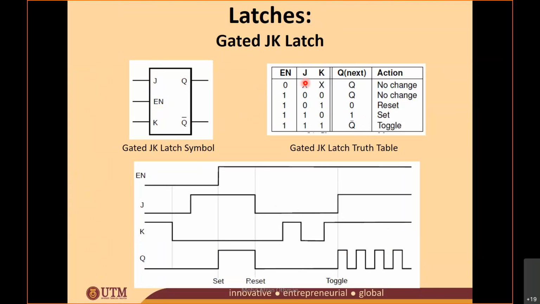Regardless of your JK input, the Q will not change. Bila enable is 1, then the output of Q will depend on the inputs of your JK. If kosong kosong, Q is no change. Kosong 1, you're going to reset. 1 0 is set. 1 1, what happened to your Q? Q akan jadi toggle.